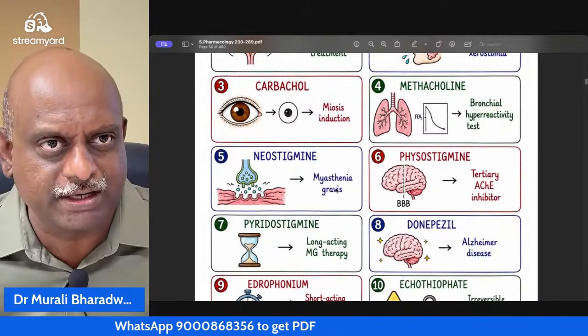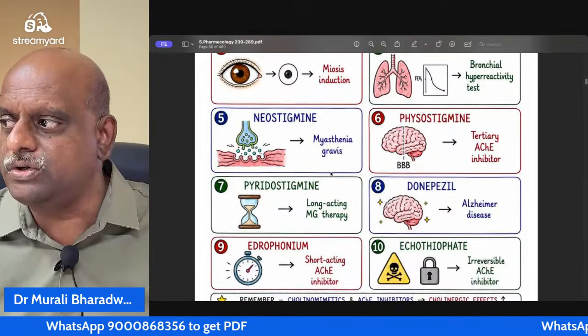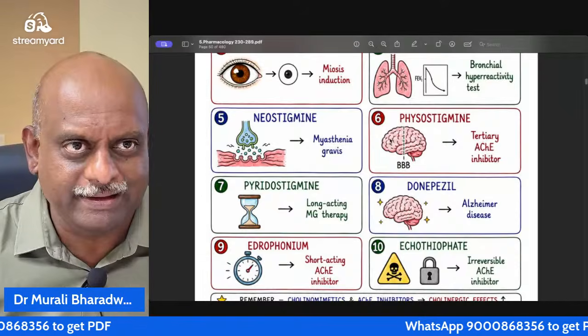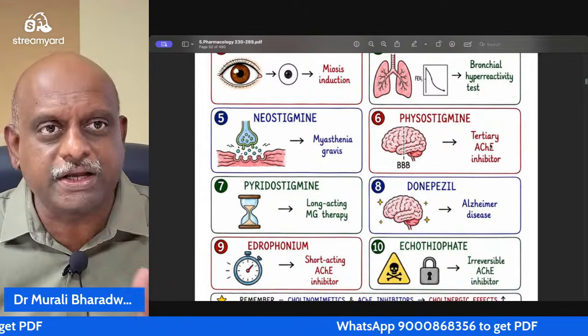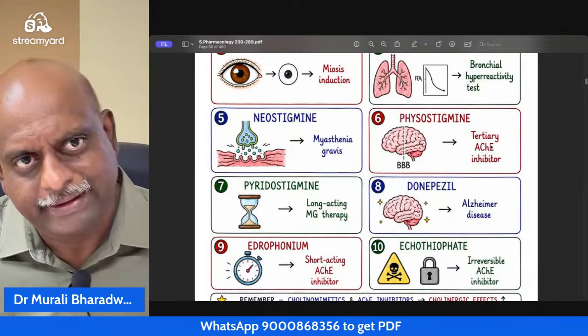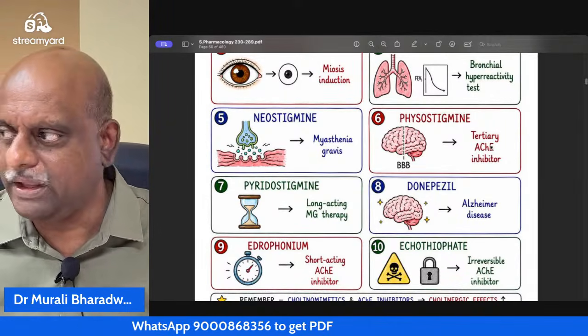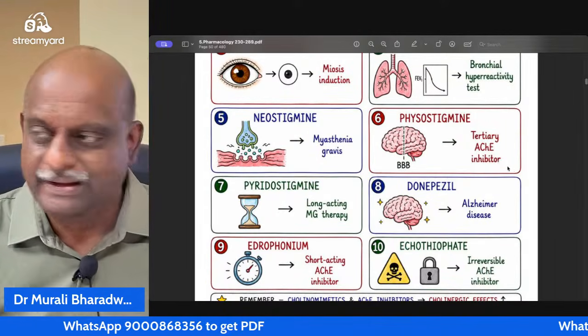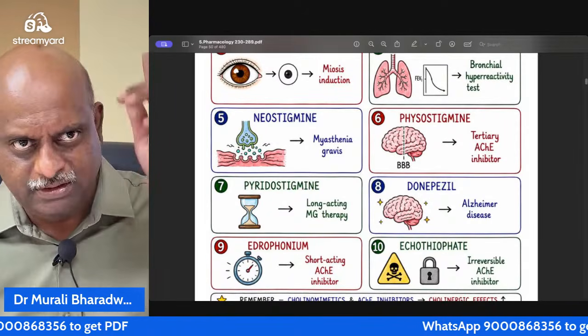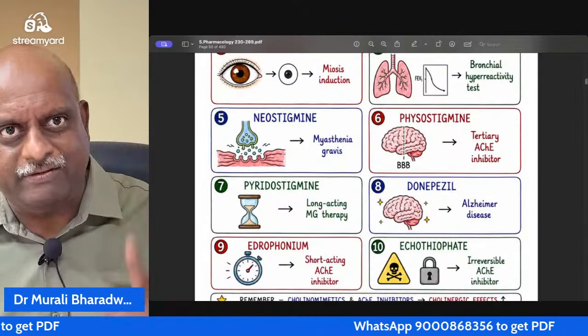Neostigmine is used in myasthenia gravis. Physostigmine can cross the blood-brain barrier. It is a tertiary acetylcholinesterase inhibitor. Any acetylcholinesterase inhibitor will increase the acetylcholine levels.